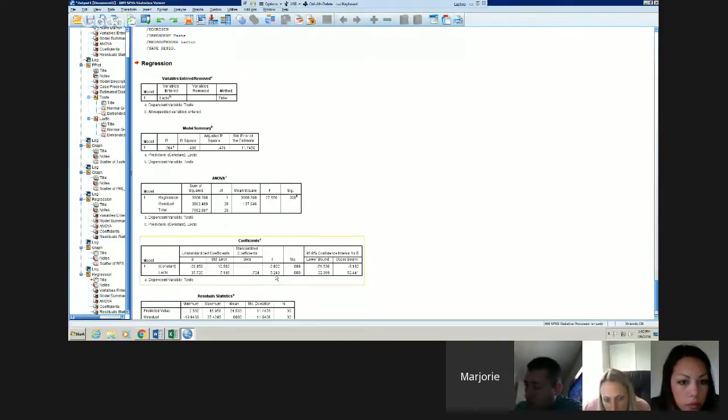Yeah. Okay. The p-value is close to 0. I guess it's 0.000. And then we reject the null because the level of significance was 0.05.